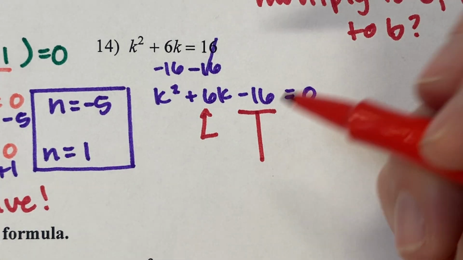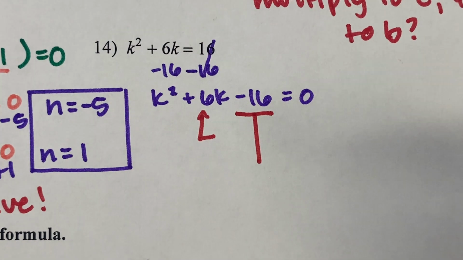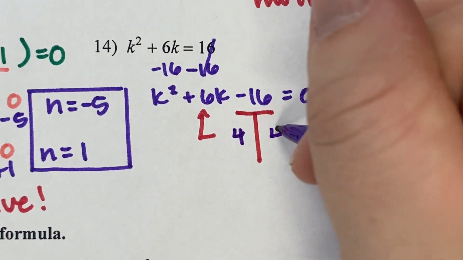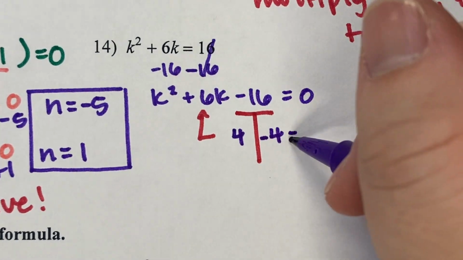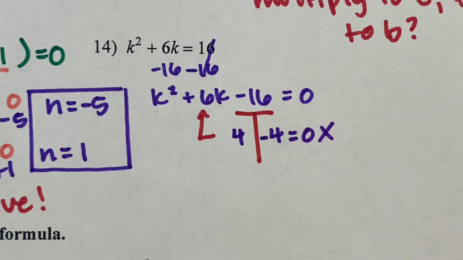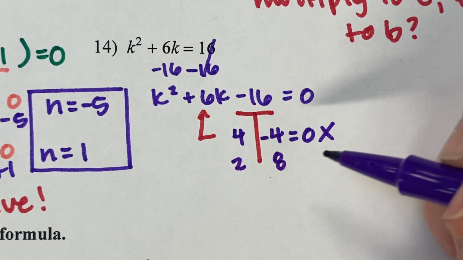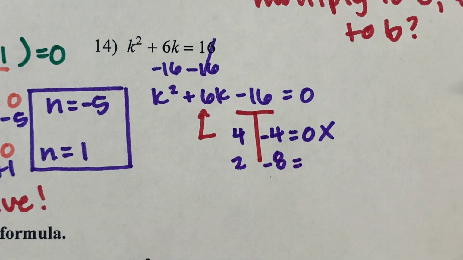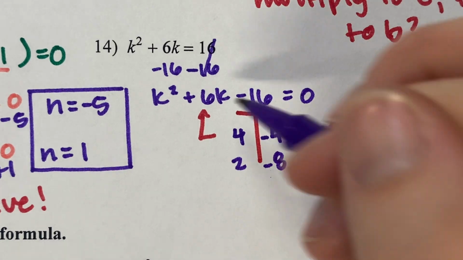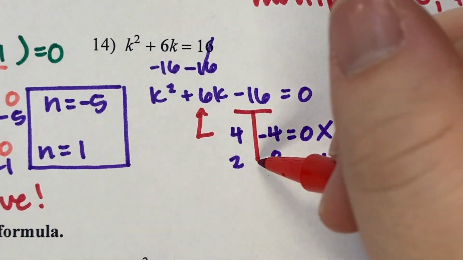Well, let's see, we got 4 and 4, but it's got to be a negative, so maybe 4 times negative 4. But that's going to add to 0, so that's not what we're looking for. Maybe 2 times 8. One of them's got to be negative, maybe negative 8. That's going to give me negative 6. Ooh, close. We're wanting positive 6, but that's not quite what we're looking for.